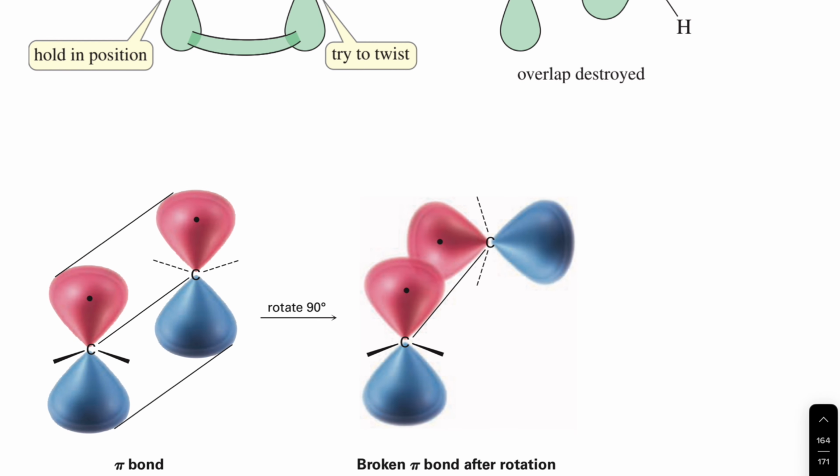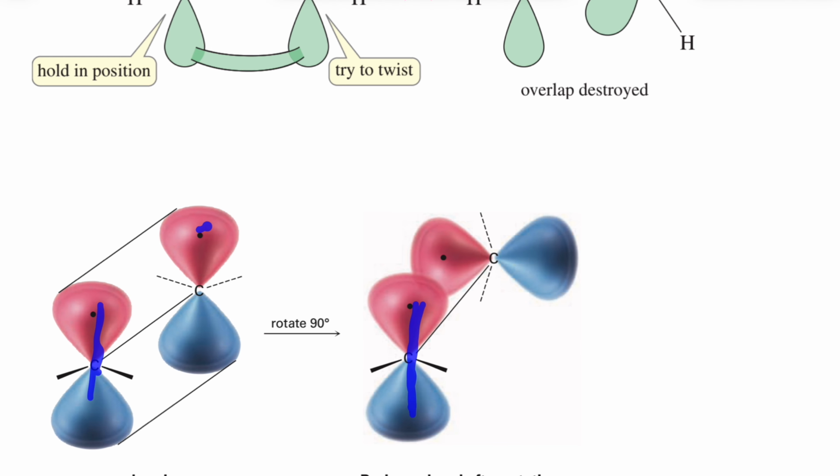So exactly you can see this is the sigma bond, the internuclear axis. Perpendicular to that, due to sidewise overlapping, there is one more bond. And if you try to rotate this carbon around this bond, this overlapping will be broken, because this will remain in the same plane but that is changing its orientation.